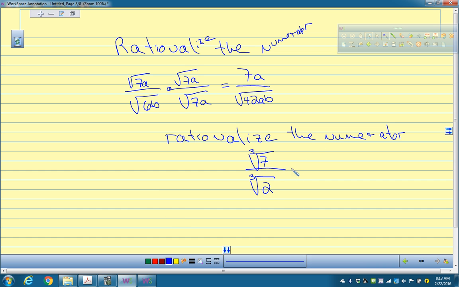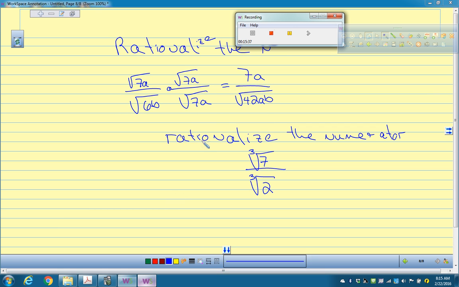Cube roots. Ready? Set. God bless you. And try this one. Right? Because what you have to do here is multiply by the cube root of 7 twice, right? Because you have to get rid of a cube root, not a square root in this case.